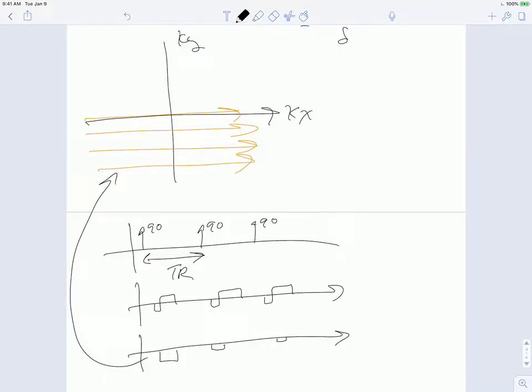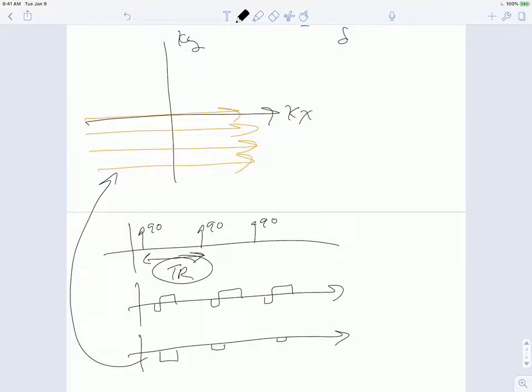So TR is how much you have to wait between lines, and the total time is how many times you have to do that times the TR. So if you can reduce the number of lines that you have to acquire, then you can reduce your scan time, because in this problem your TR is fixed, right? Yeah, it would vary according to the number of phase-encode steps that we have.